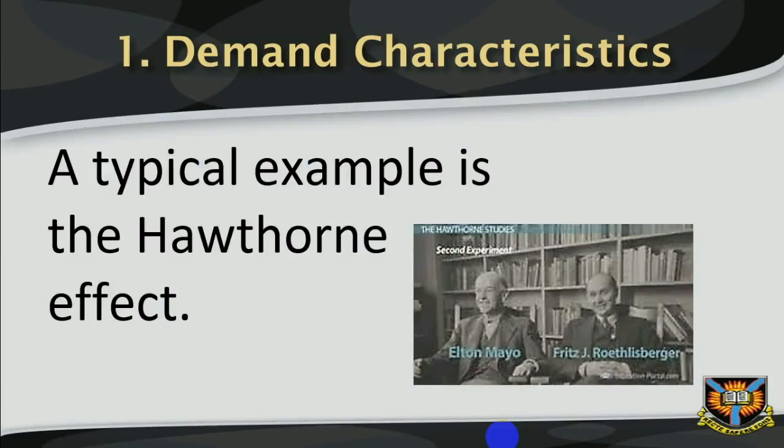No matter what experimental manipulation was tried, workers' productivity improved. The workers knew they were in a special group and therefore tried to do their best at all times. The demand characteristics were more important in determining the workers' productivity than were the experimental manipulations.